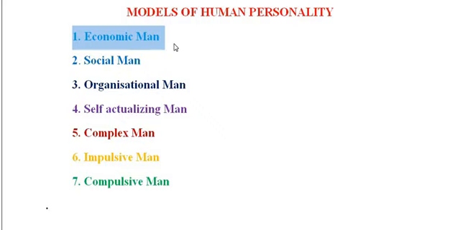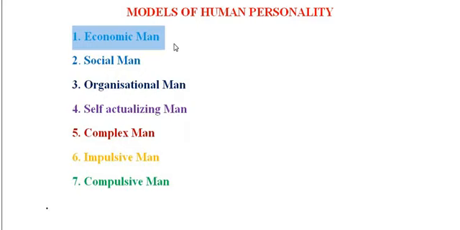Assumptions: man is basically motivated by economic incentives like salaries and fringe benefits, and he or she prefers to maximize them for his efforts. The feelings of man need to be controlled and molded rationally from their irrational state. Those persons are called economic man.